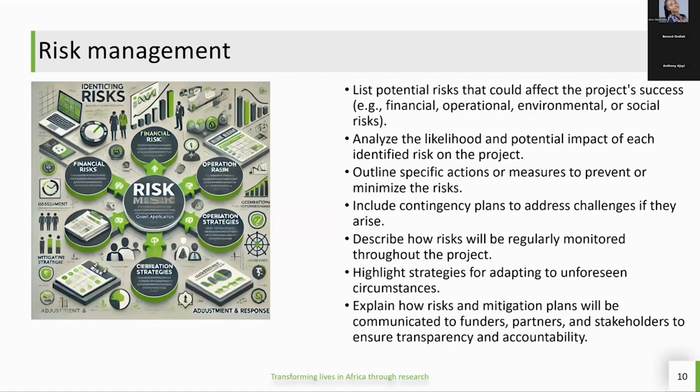You want to include a contingency plan to address challenges if they arise. You want to describe how risk will be regularly monitored throughout the project. You want to highlight strategies for adapting to unforeseeable circumstances, and you want to explain how the risk and mitigation plan will be communicated to funders, partners, and stakeholders to ensure transparency and accountability.